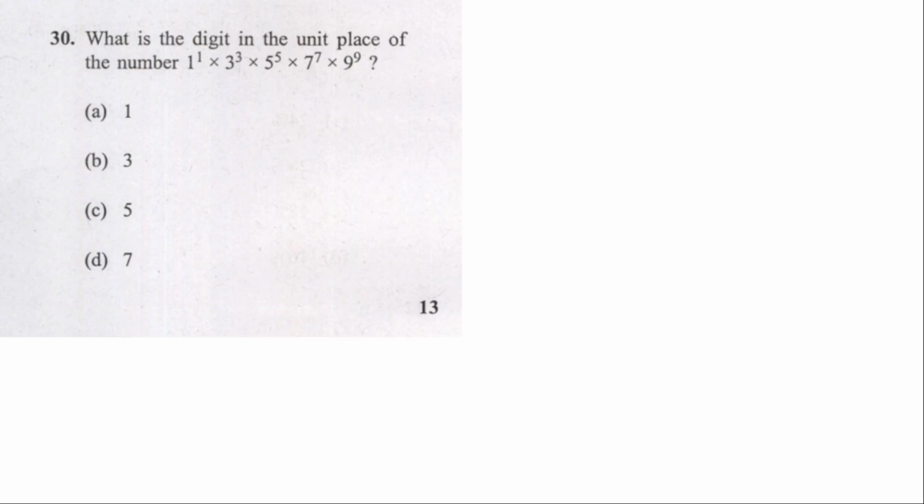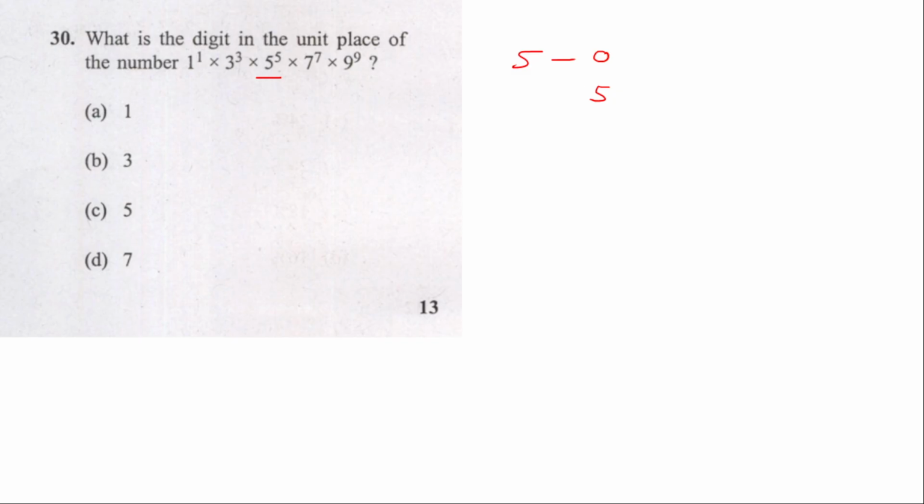We have to find the unit place. Here comes the role of a concept: you can see 5. If any number is multiplied by 5, you will get the unit digit either 0 or 5.